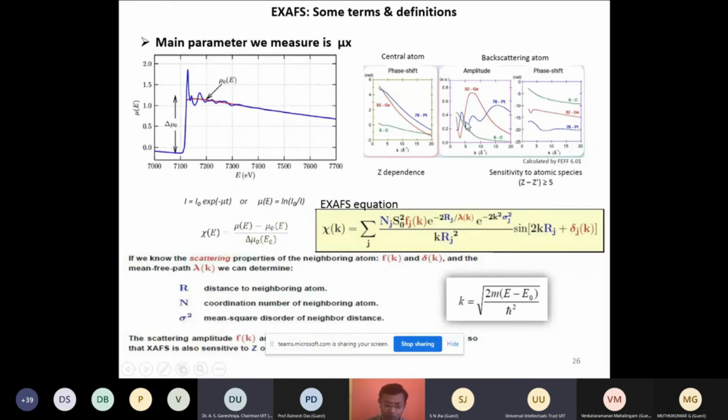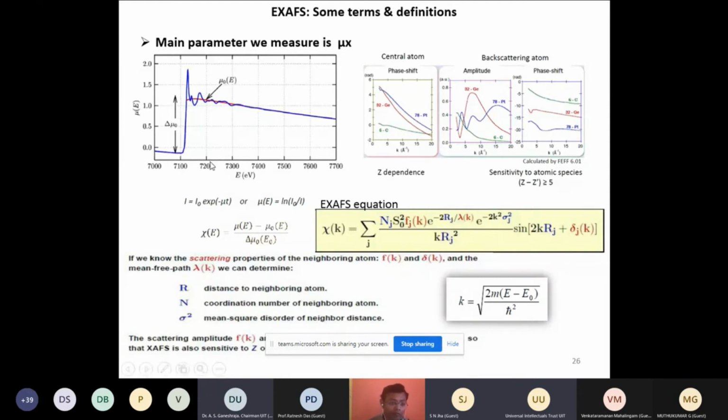Similarly, there is a diversity in the phase shift and amplitude of the backscattering atom, which gives us the opportunity to give a contrast in the signal due to different scattering atoms.